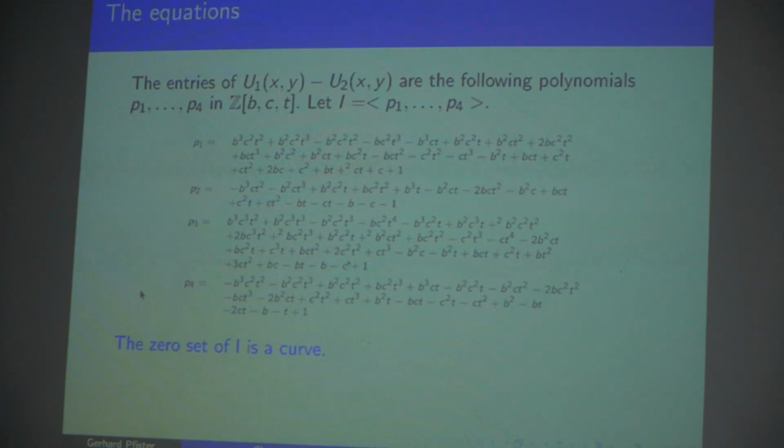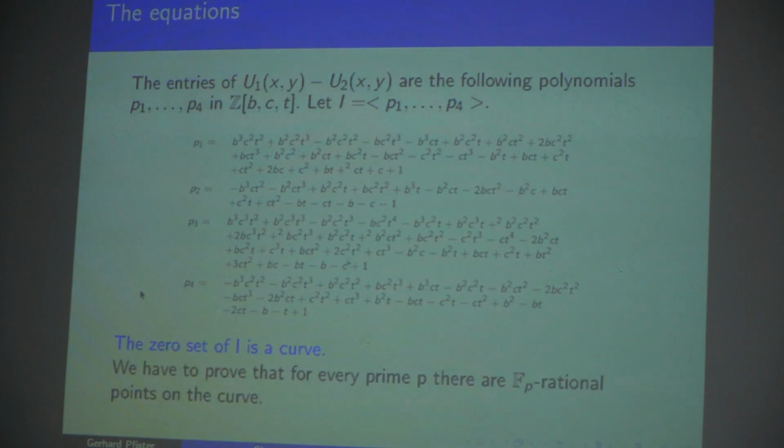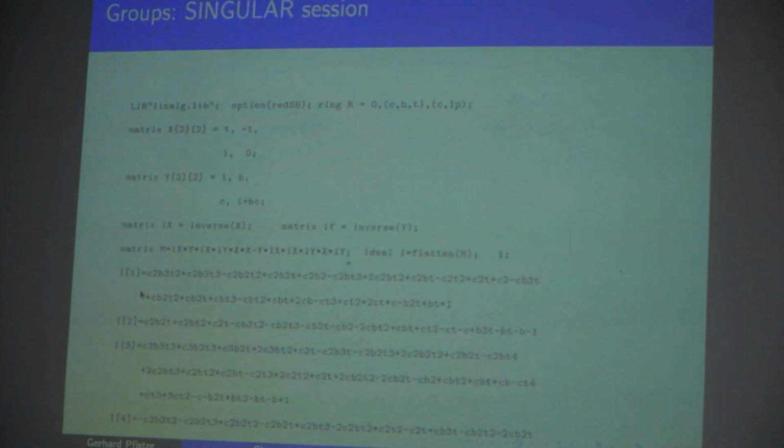So you compute the dimension of the zero set defined by the system of equations. The dimension is 1, so it describes a curve. And we have to prove that for every prime number p, this curve has an Fp rational point. So the system has a solution. So here you just see how to do it in Singular.